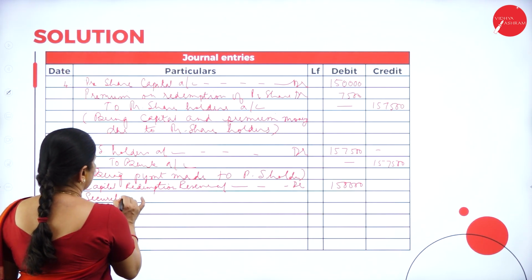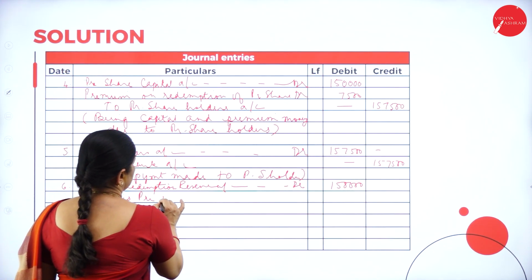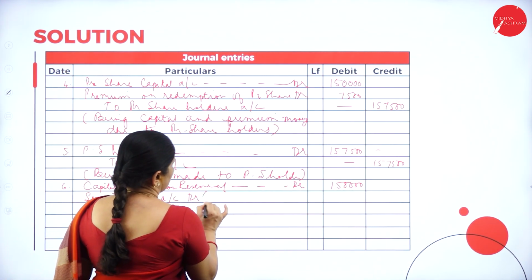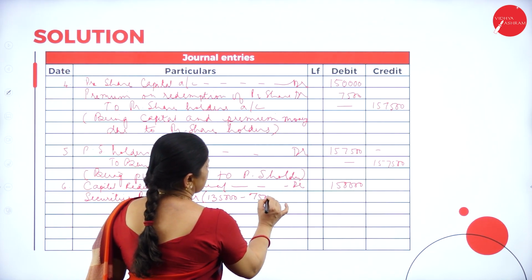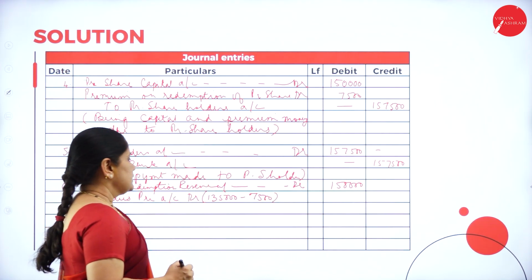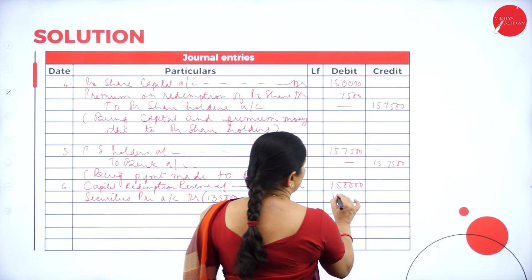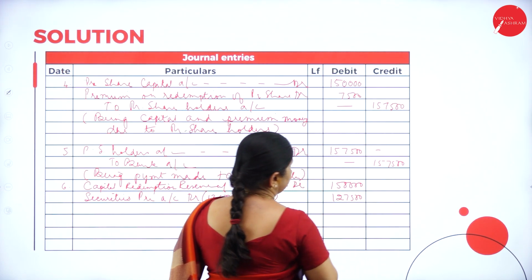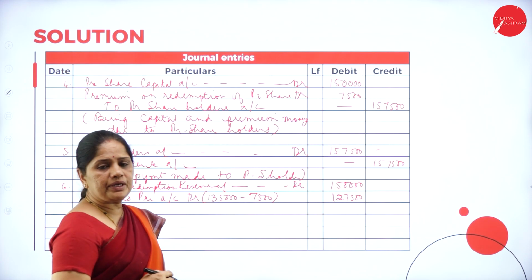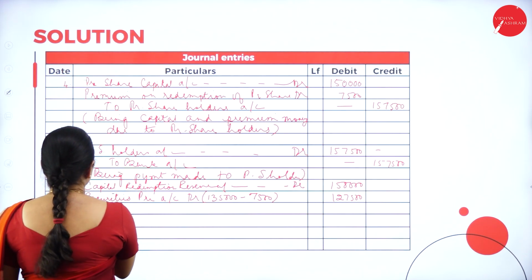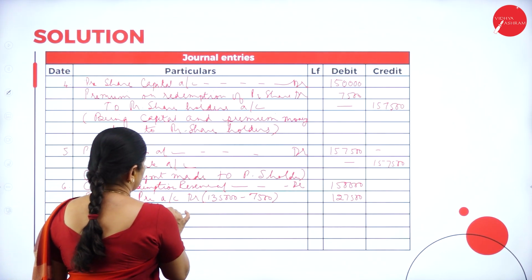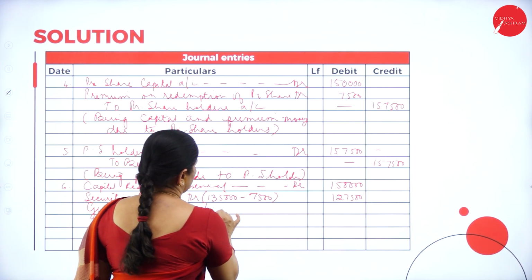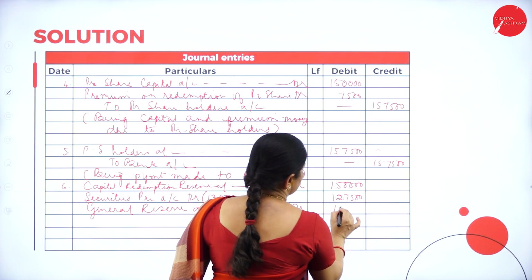Then the next one will be securities premium account debtor. Out of 1,35,000, I have used 7,500. The rest, 1,27,500, I will be making use of for the payment of bonus shares. Then general reserve account debtor 10,000.